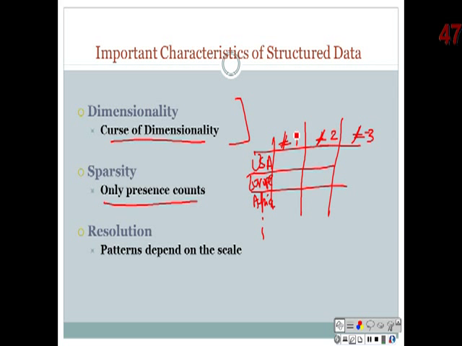Let's say USA in document 1 appeared 5 times. In document 2 it appeared 0, 0. All the documents were only talking about USA. In this one, the word Europe appeared in document 2, let's say 20 times, and it appeared 0, 0 on all the rest. Africa appears 0, 0, 0.